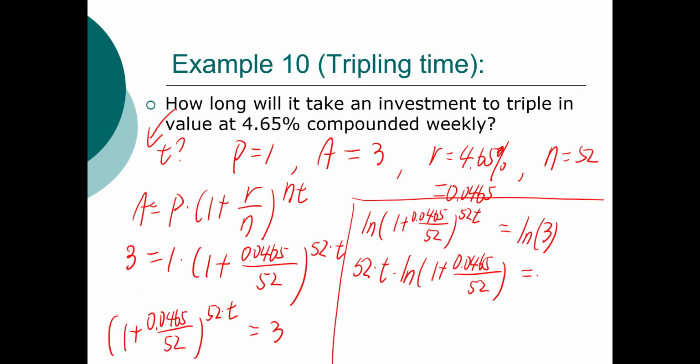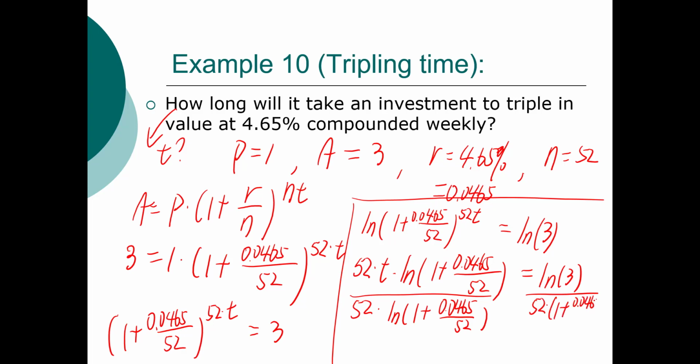Now, in order to get t by itself, we divide both sides of the equation by 52 times ln of 1 plus 0.0465 over 52. Cancel 52, cancel ln, and we get t on the left, approximately equal to ln 3 over the denominator.